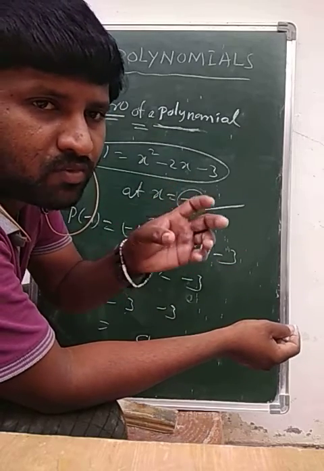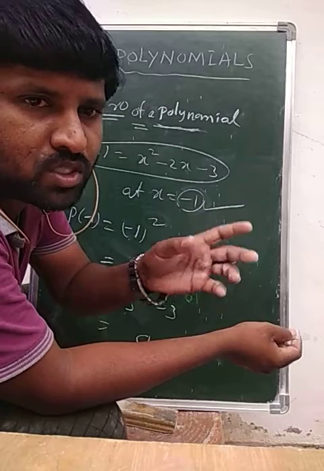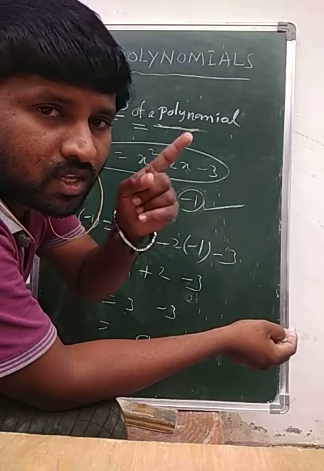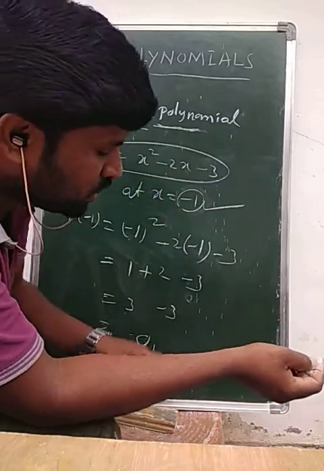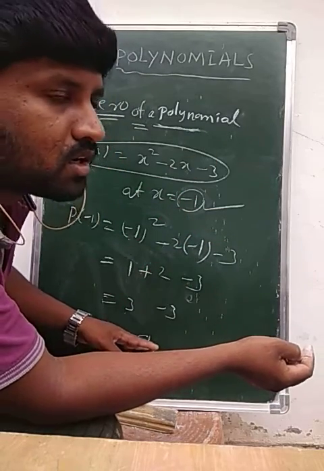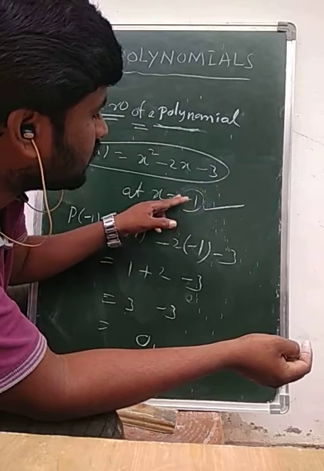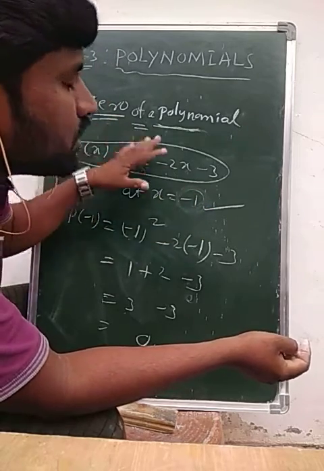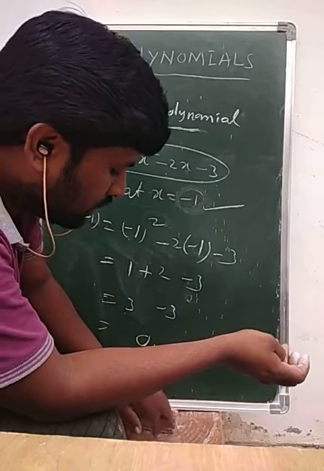In the place of the variable, if you substitute a real number and the value of the polynomial becomes 0, then the number you took is called a zero of a polynomial.